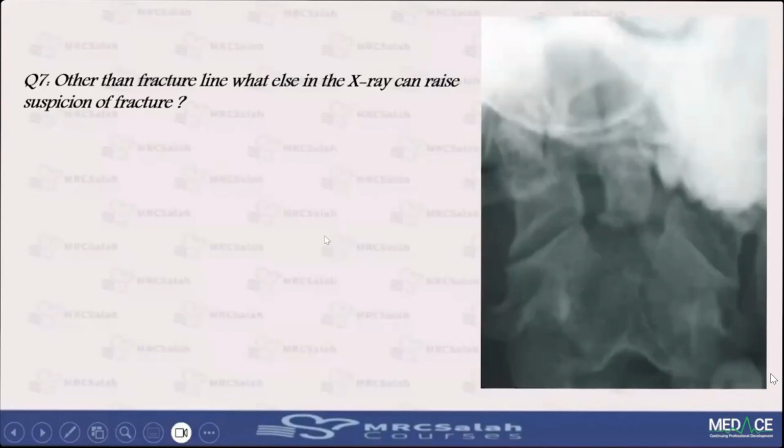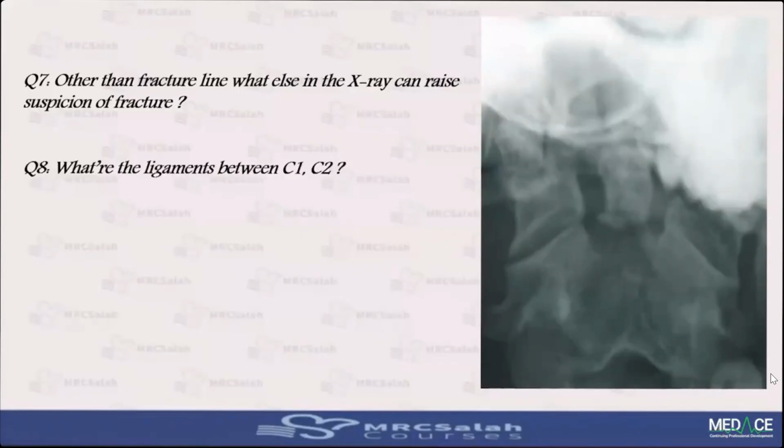Brilliant. What are the ligaments between C1 and C2? Between C1 and C2, there is the transverse ligament, the anterior atlantoaxial ligament, and the posterior atlantoaxial ligament. So all of them form the cruciate ligament.